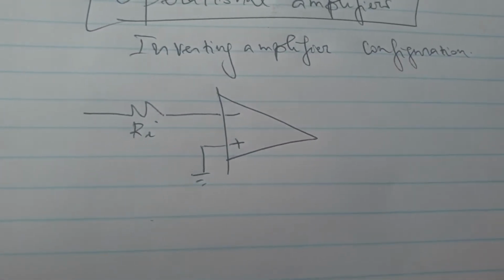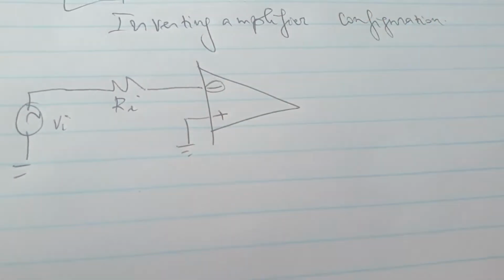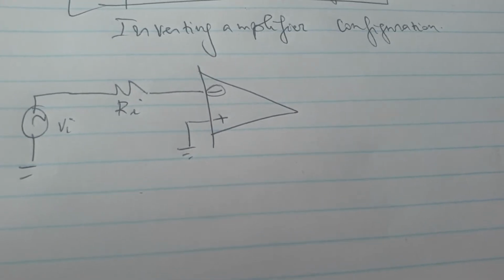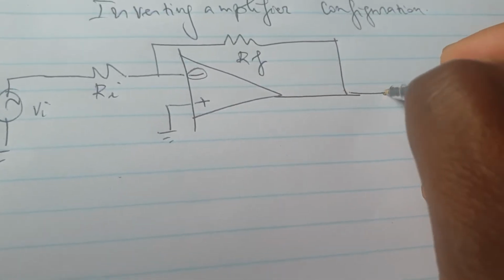And then we had the input signal applied through an input resistance Ri, which serves as a current limiting resistor, on the inverting input of the amplifier. That's why we call it inverting amplifier configuration. And we had a feedback resistor Rf connected that way.